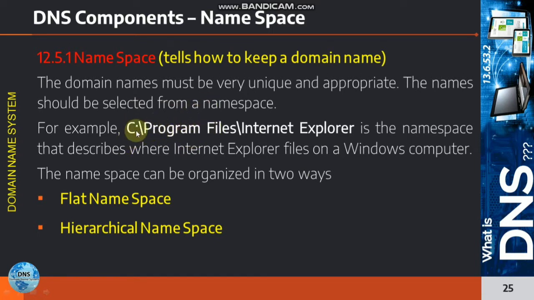Inside C you will have program files, and inside program files you will have Internet Explorer. Okay, so always you should read the level from last to the root file. So this is the root file. We will discuss what is the root file, what is level 1, what is level 2, like that. Okay, so basically this is how a domain name will be.